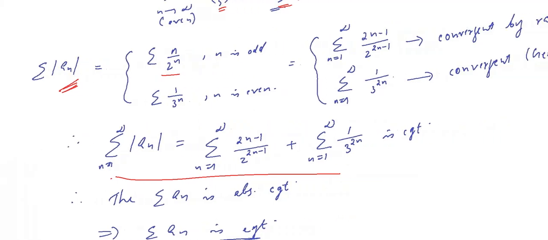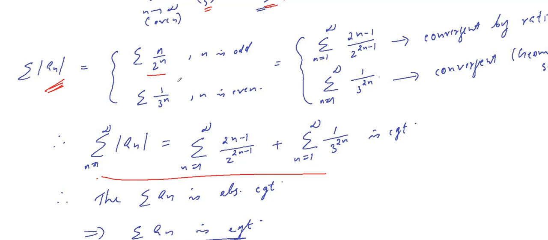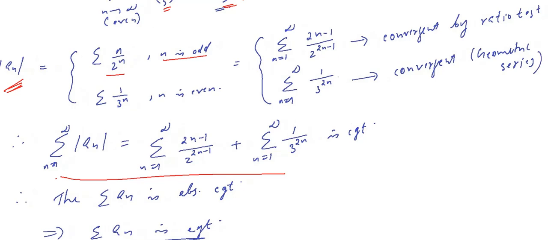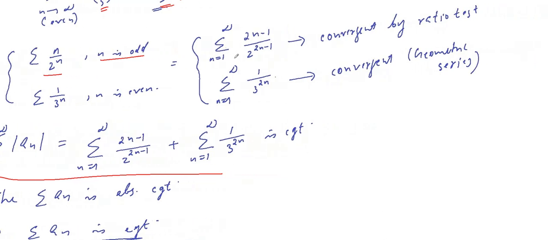Look at the first term, sigma n by 2 to the power n. As n is an odd number, I write that in another way. Usually we write odd numbers using 2n minus 1, right? So n odd means I can replace n by 2m minus 1. I can write it as sigma n equal to 1 to infinity of (2n minus 1) by 2 to the power 2n minus 1.